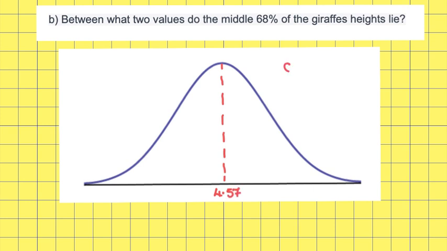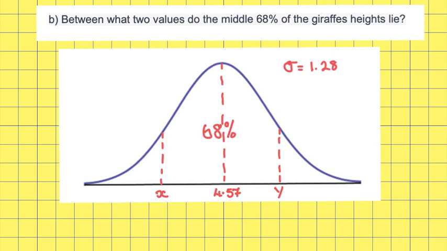We know that the standard deviation is equal to 1.28 meters. Now, if we show our area, we want a value there we'll call X. We want a value there we'll call Y. And we want that to be 68%.